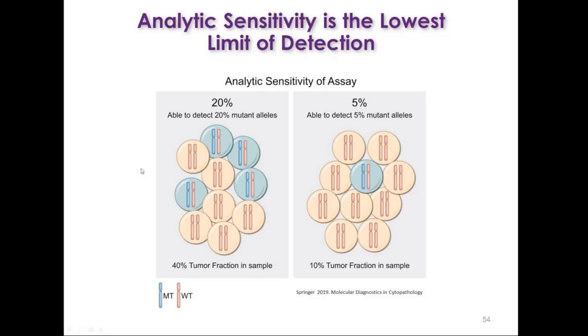So in a 40% tumor sample, you only have 20% that are mutant alleles. Therefore, if you have a sample that only has 10% tumor cells, you only have 5% of the alleles that are mutant, which means that for a sample like this, you need to have a test that has a 5% sensitivity to be able to detect that 5% mutant allele that you have in your sample.